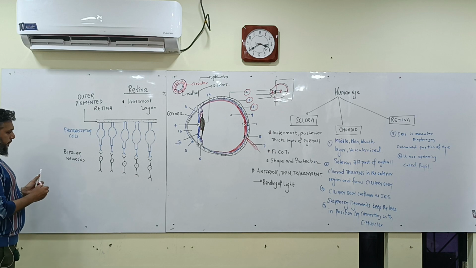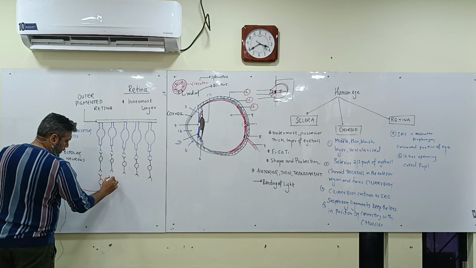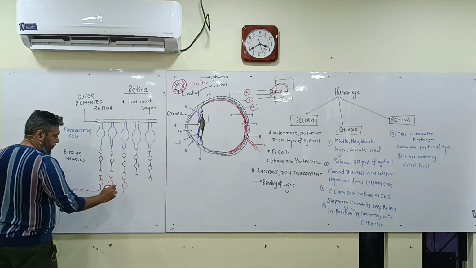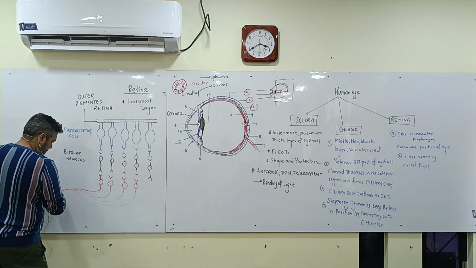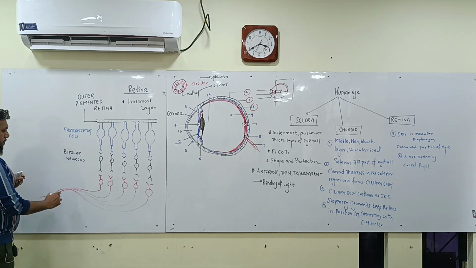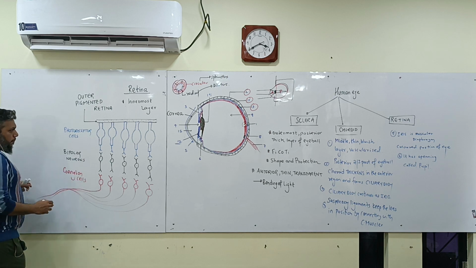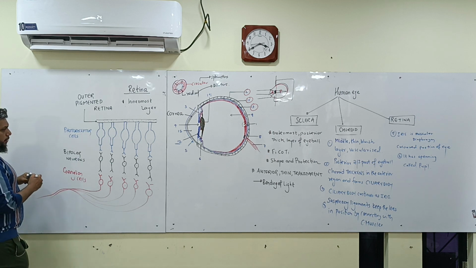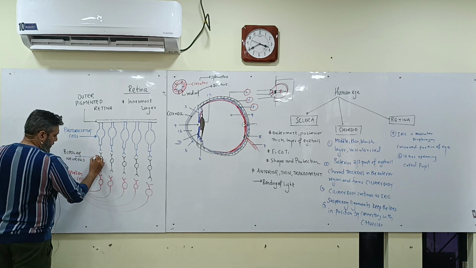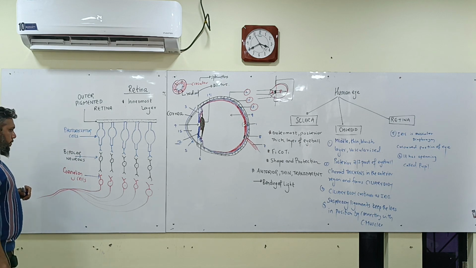And the innermost layer is called the ganglion cells. So we have a layer of photoreceptor cells, then the bipolar neurons and the ganglion cells.